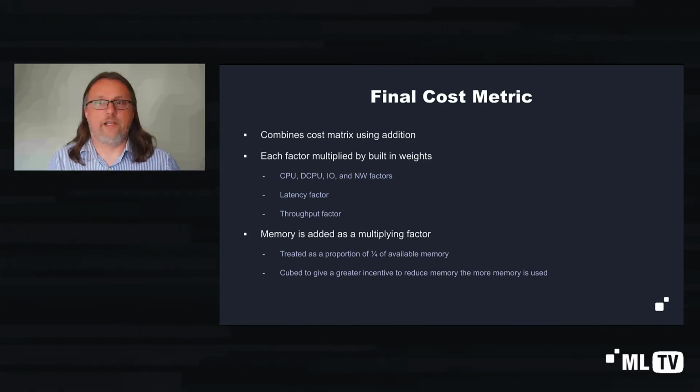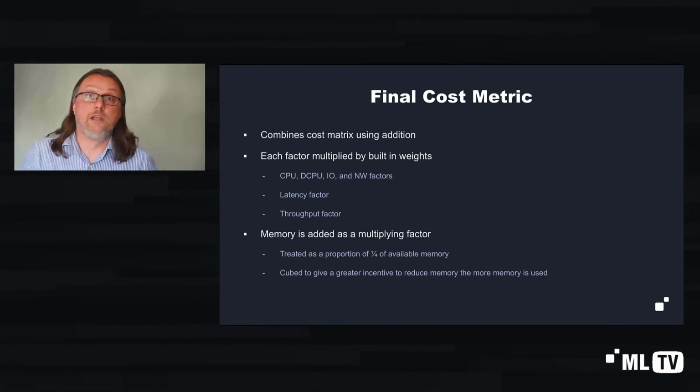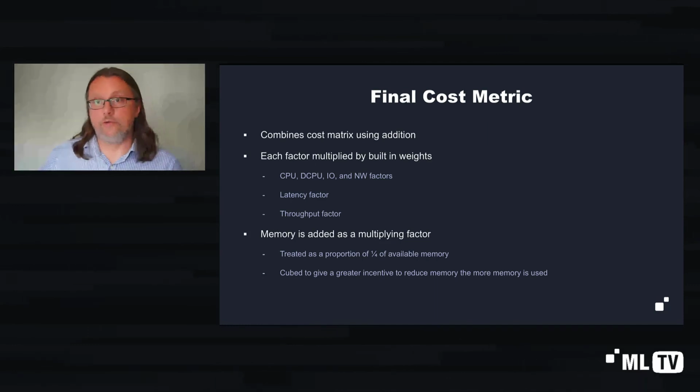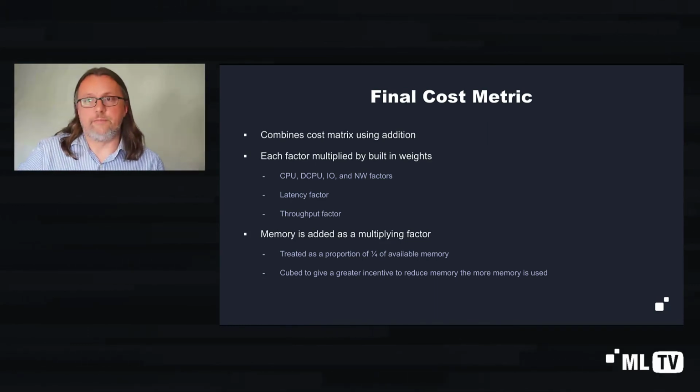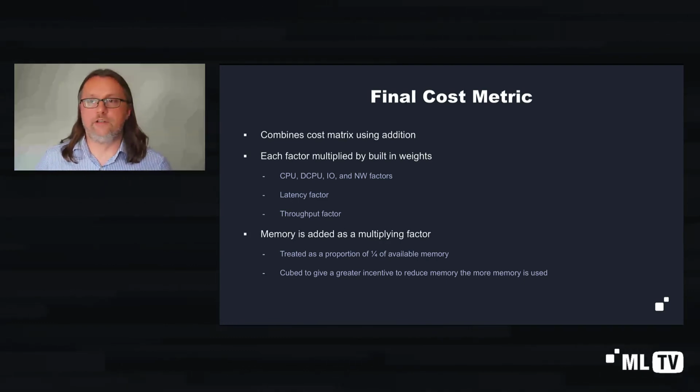The final metric, first of all, adds up the various rows, the CPU, DCPU, IO, and network, and multiplies those by factors or weights according to what's been programmed into the system.